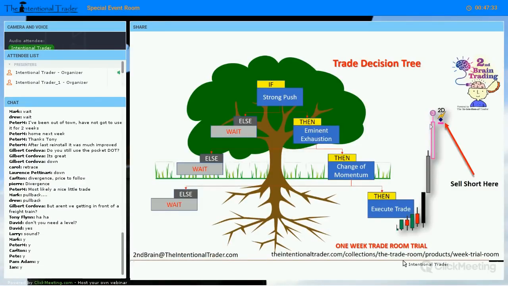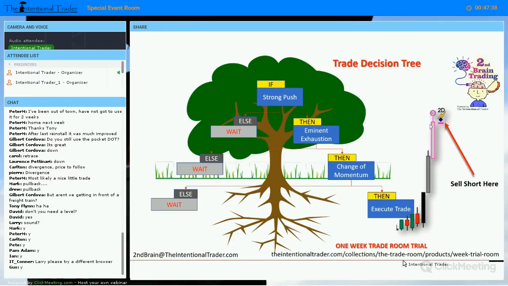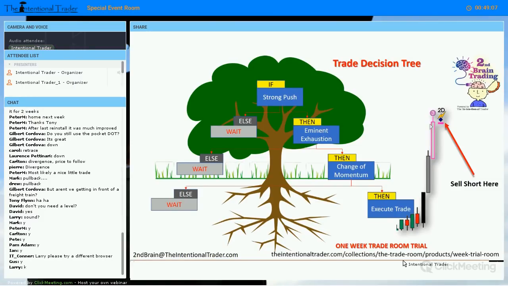So this decision-making process, at first, it's kind of like driving a car, right? You have to think about every single thing that you're doing when you're driving a car. You have to think about when to turn your signal, and when to put your brakes on, and how far back to start slowing down for a yellow light. You do a lot of thinking when it comes to doing something new like driving a car. But the more you do it, not only the more comfortable you get, but the less you have to consciously think about it.